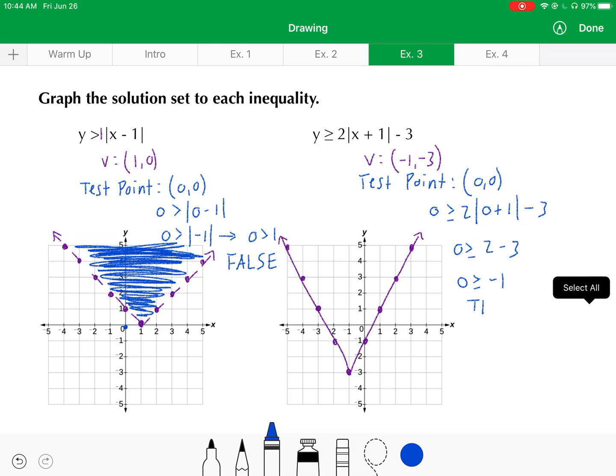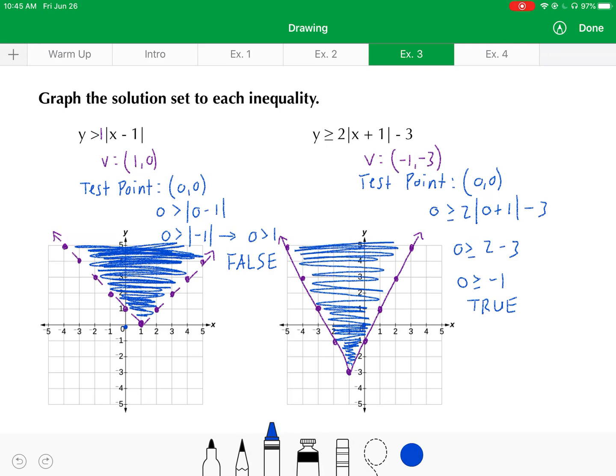That's a true statement. Okay, so you can see the origin is above the V or inside the V. It is supposed to be part of my solution set, so I should be shading once again inside the V here.